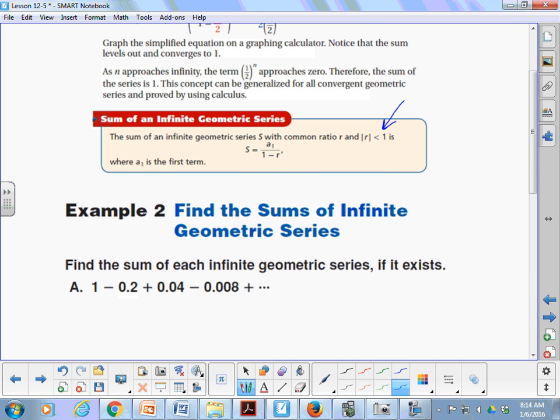Sorry. So it's just S equals a sub 1 over 1 minus r, where a sub 1 is the first term.